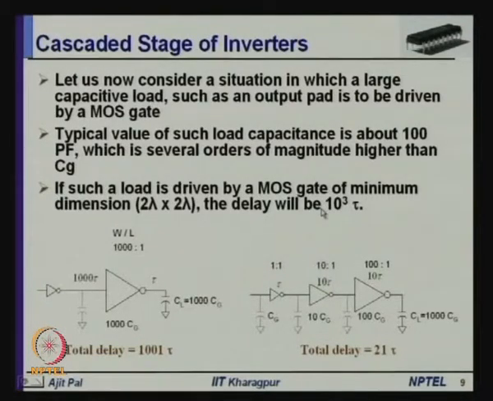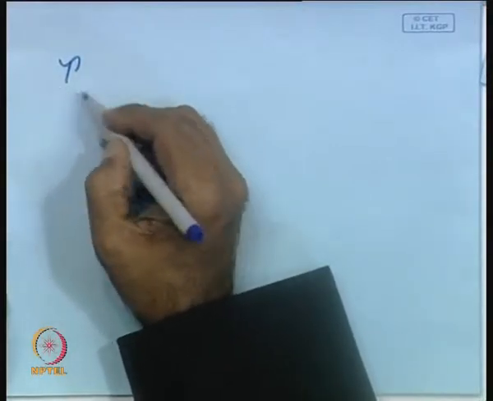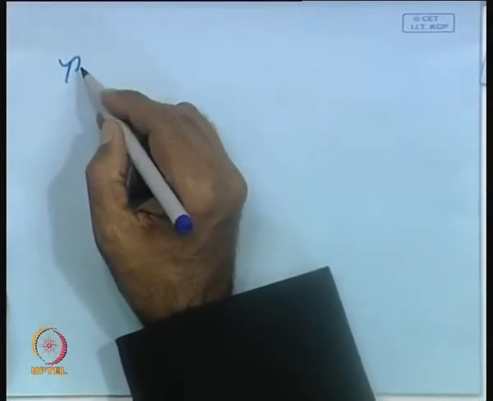So, let me first introduce this term tau. What is tau? Tau actually is called the unit of delay.